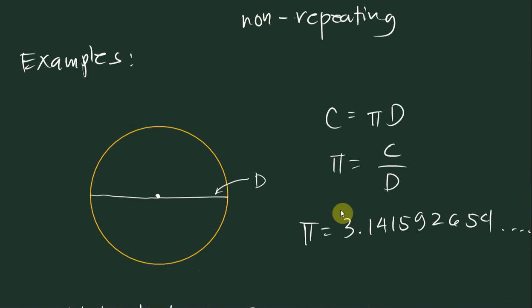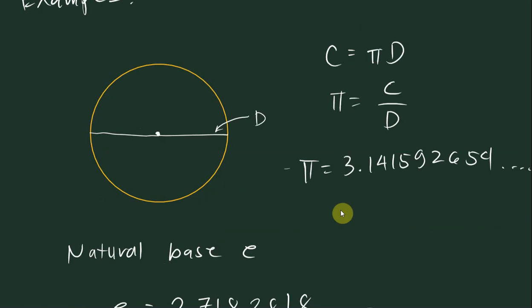These are special numbers. A very famous example is pi. It is the proportionality constant of the circumference of the circle to its diameter. So pi is equal to c over d, and it has the non-terminating and non-repeating value of 3.14159265, right?